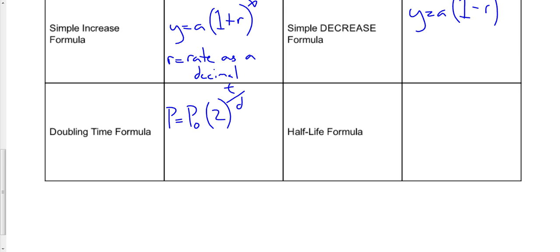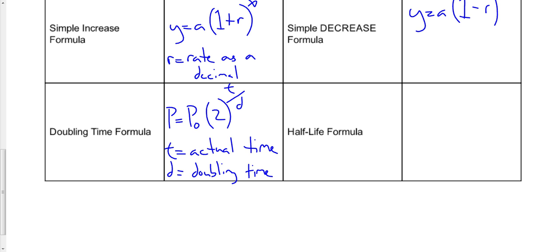Where t is the actual amount of time that has gone by, and d is the doubling time, and usually the doubling time will be given to you in the question. P0 is the original or starting amount, so it is the a value.